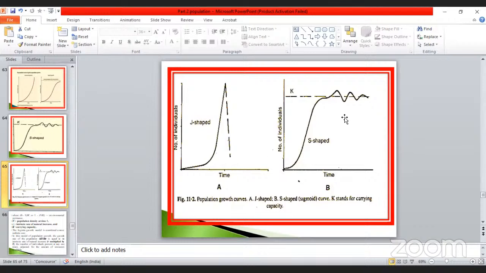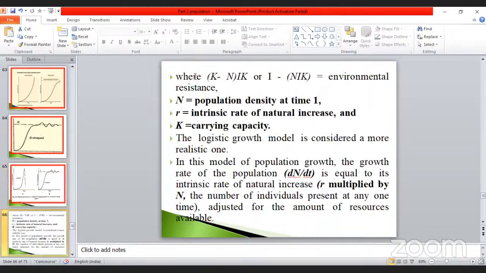These are the two population growth curves we will obtain, depending on time and the number of individuals, or population density. See this one, where (K - N)/K is equal to the environmental resistance. That is denoted as the environmental resistance.